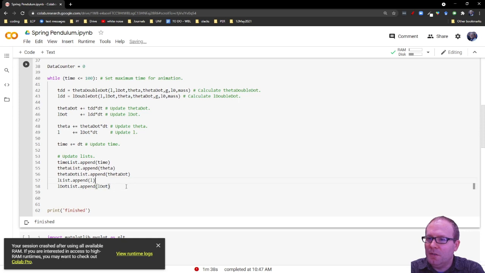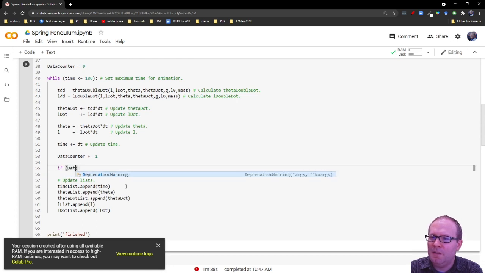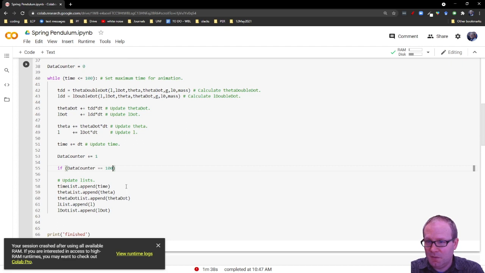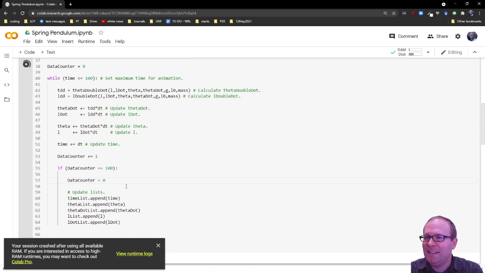I'm going to do data counter plus equals 1. And then if data counter equals 100, so every 100 data points, only then will we add it to the lists. And we will reset our data counter. Data counter equals 0. Okay, how about that?